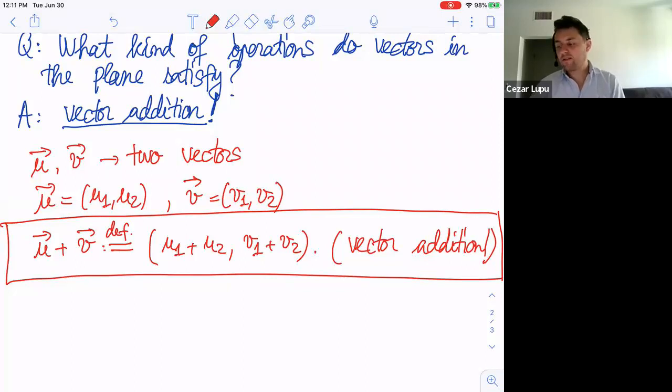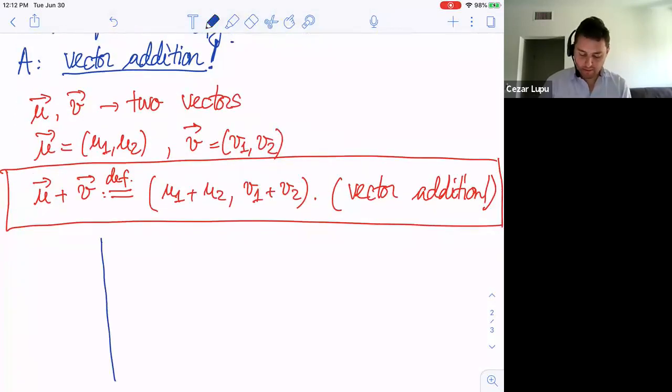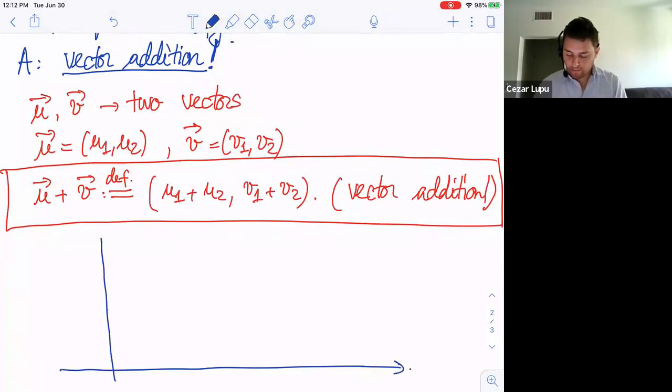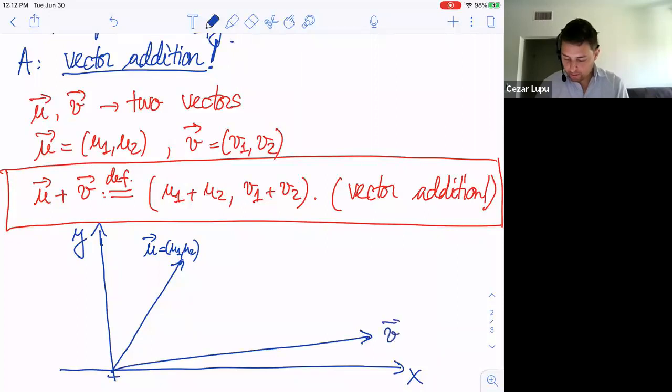And we can represent this geometrically. Let me just draw the picture. x and y, let's say, and I have two vectors here. I have this vector u of components u1, u2, and now I have this vector, let's say here, v of components v1 and v2. Okay, now guess what?